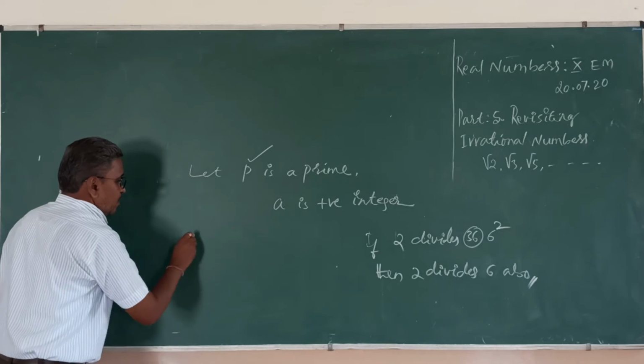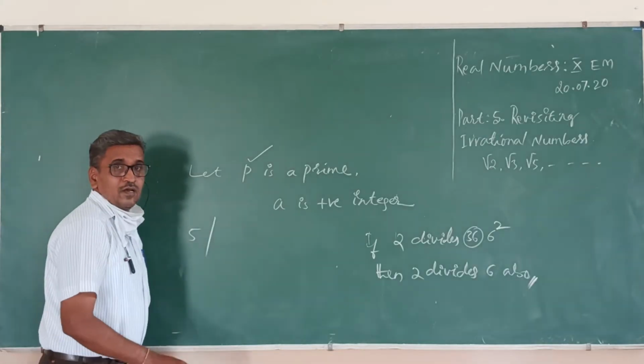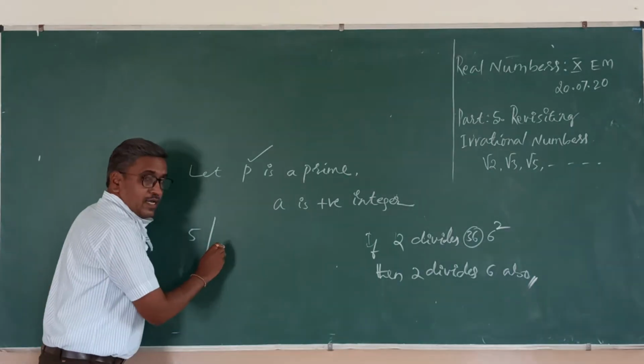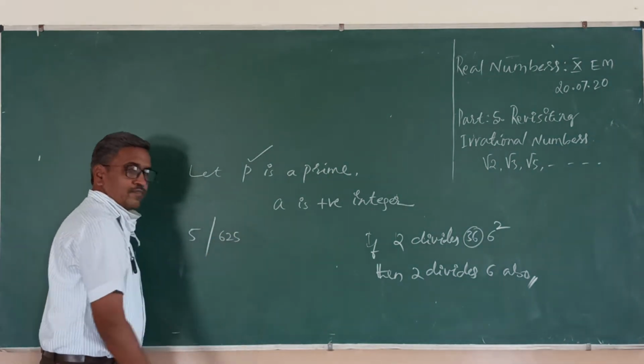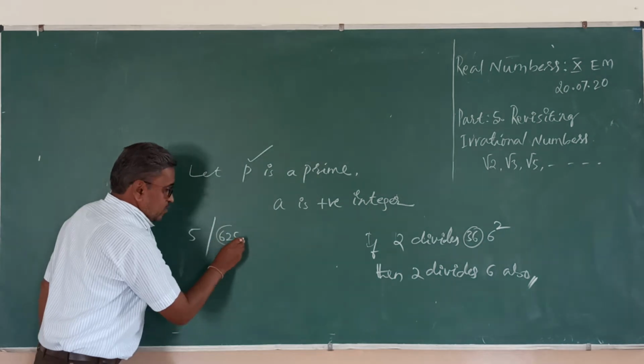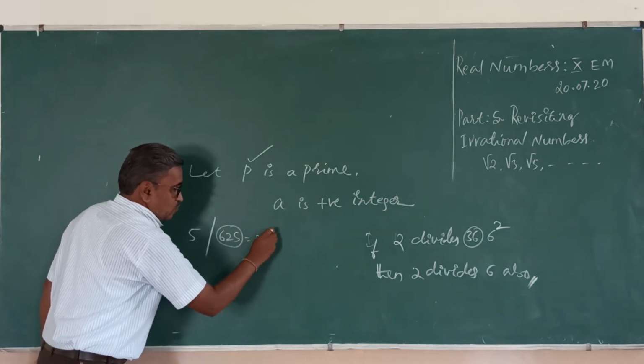For example, 5 divides 625, which means 25 square.